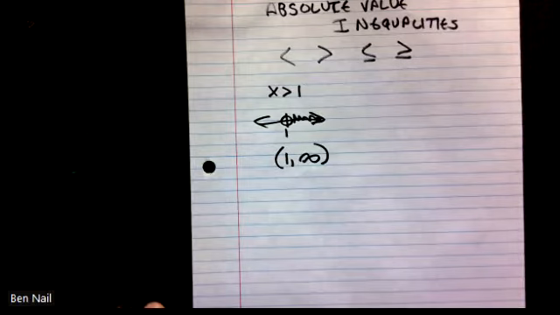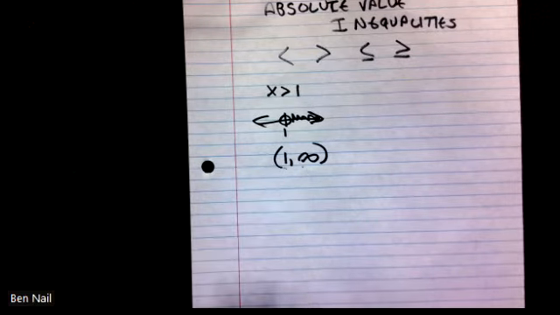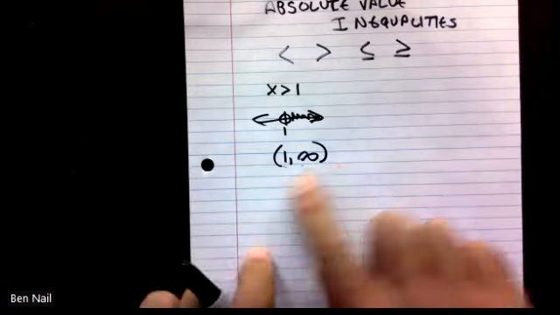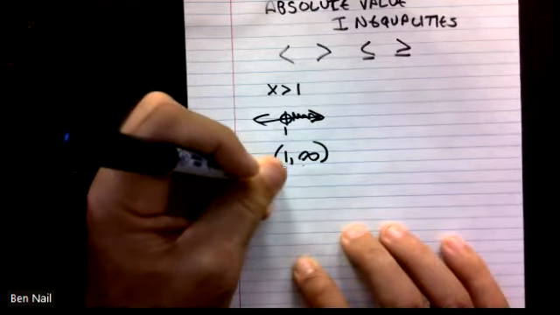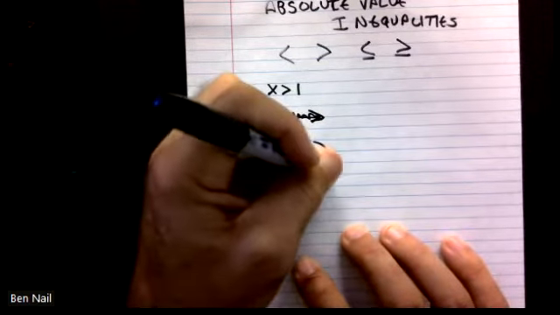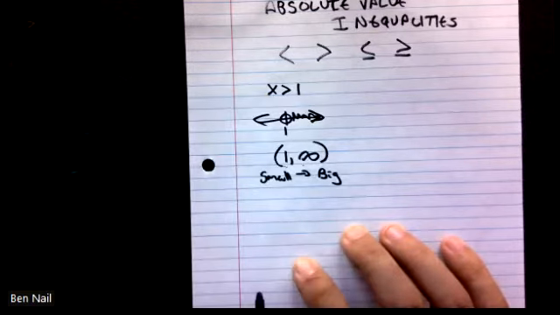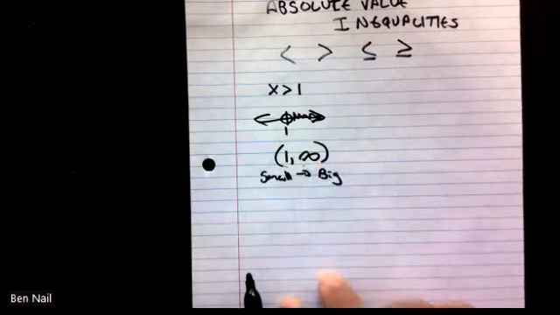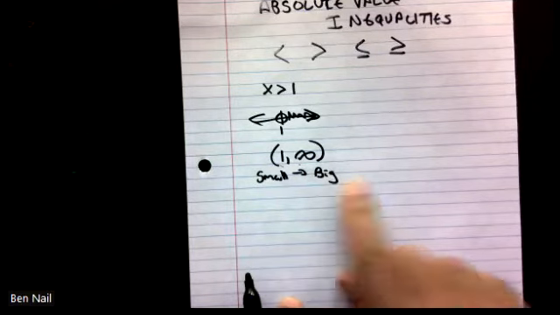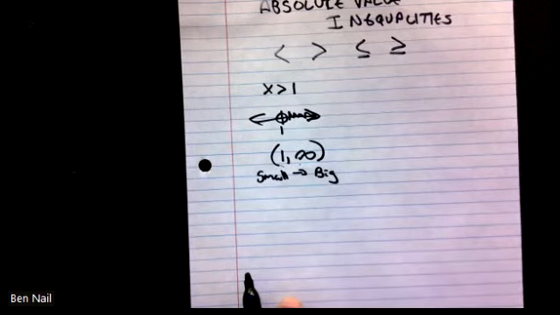So we talked about all of that stuff last time. If you don't remember that, go back and revisit that lesson. Okay, I'm not going to spend a lot of time explaining these, but this is one where it does matter. In this grouping symbol, it does need to read from small to big. You can't go from infinity to 1. It goes from the smallest possible solution to the biggest possible solution.